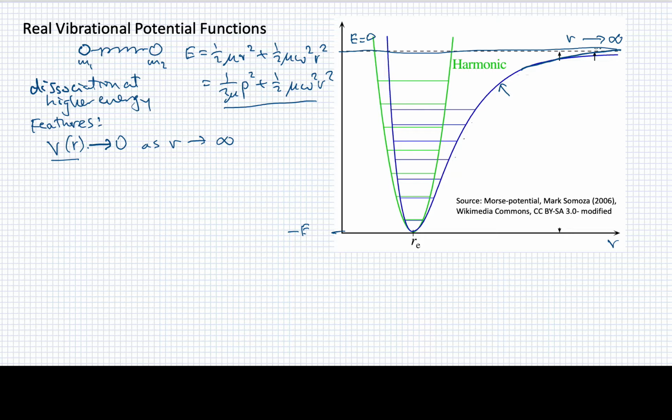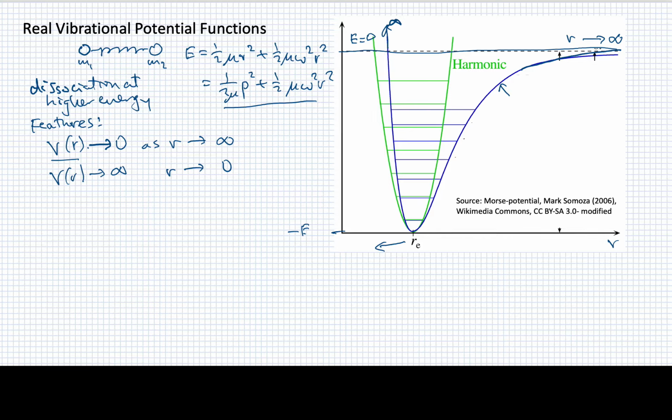Similarly, as we go to small r, so as r goes to 0, as we push those two masses together, we ordinarily expect the potential to get very large, and indeed that's what we see here in this blue curve. So we're going up to very high potentials as r goes down to 0.